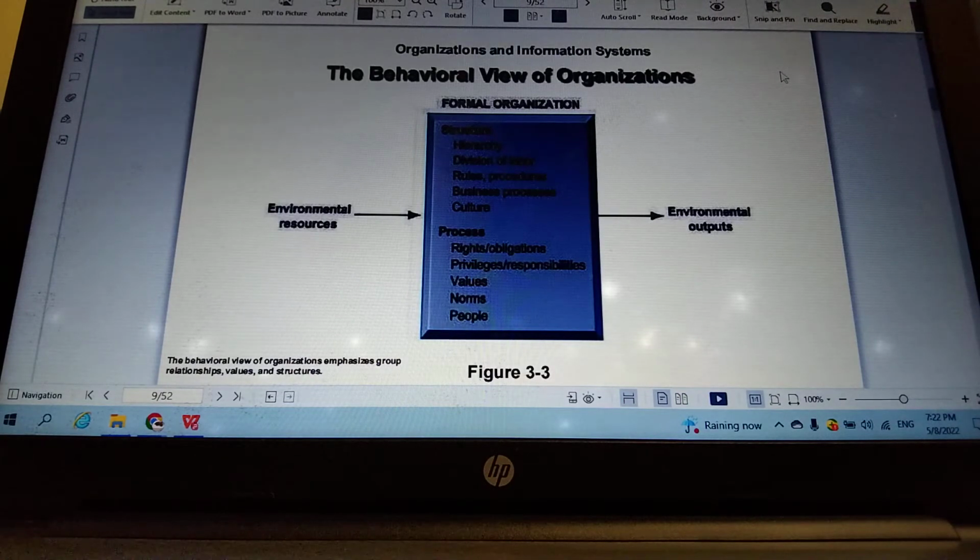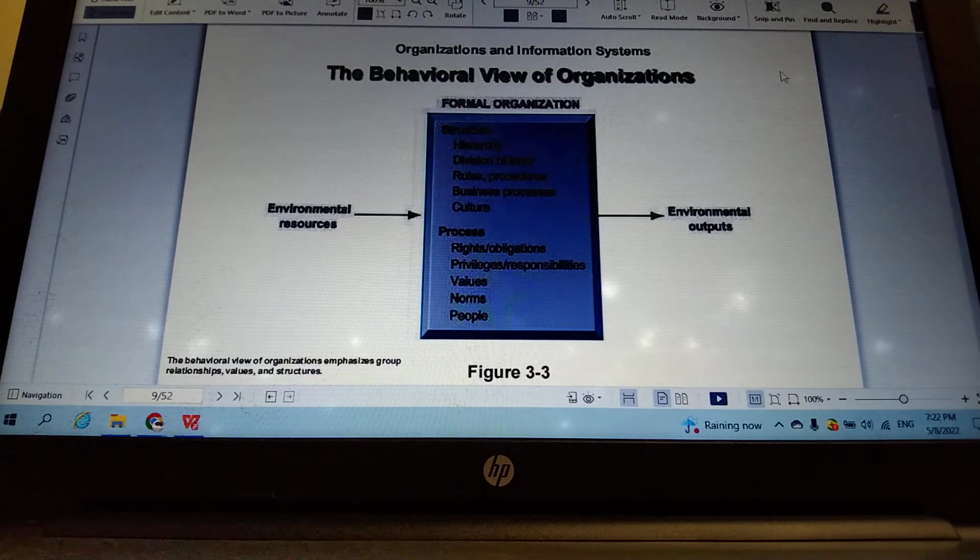Whereas the behavioral view of an organization, besides the technical definition, where we look at the environment resources as an input, then we have the formal organization. The formal organization consists of structure and process.